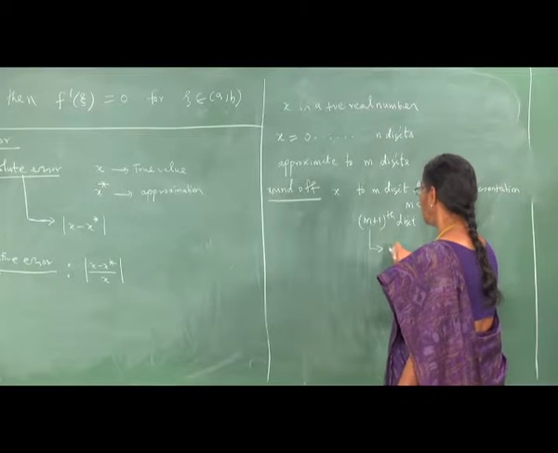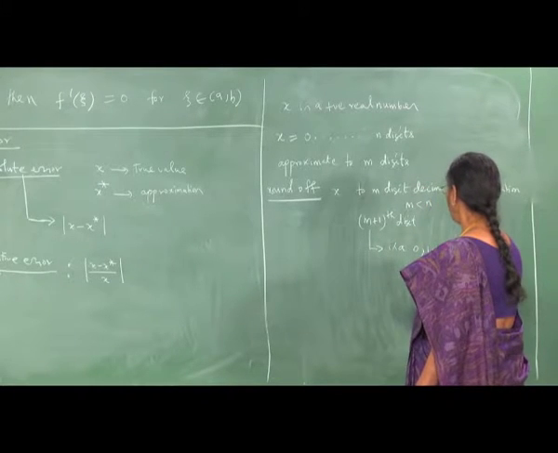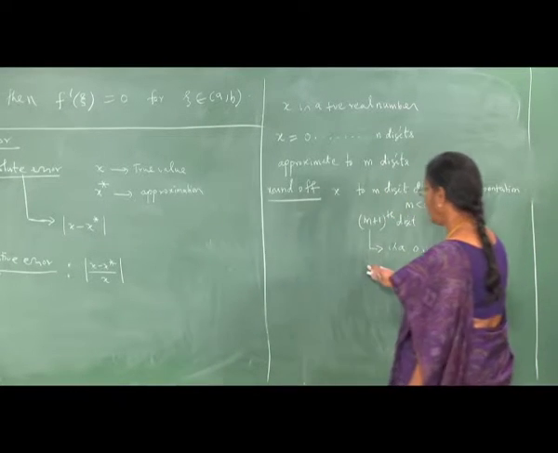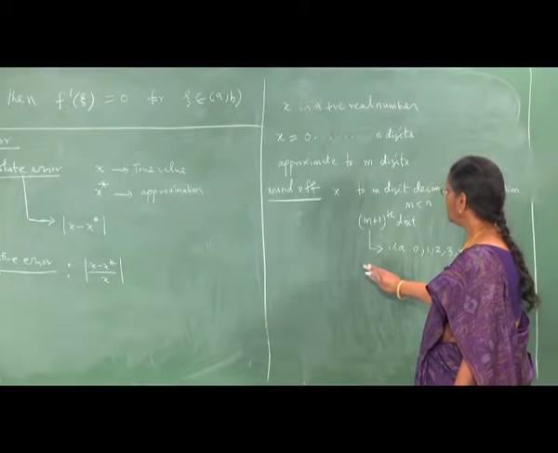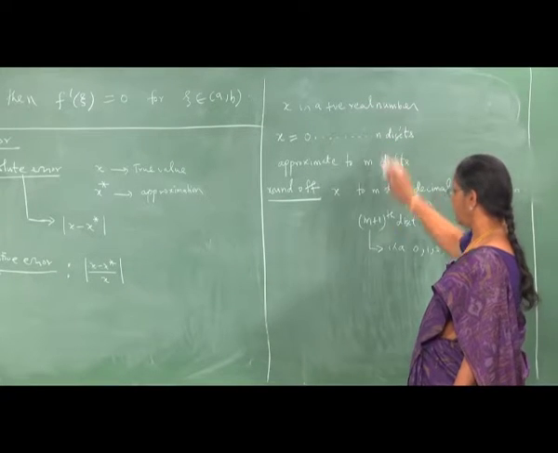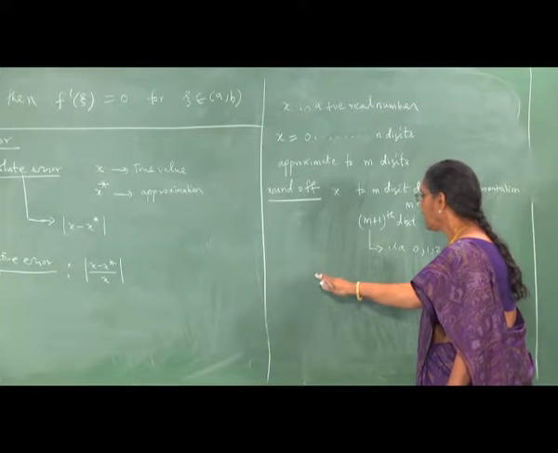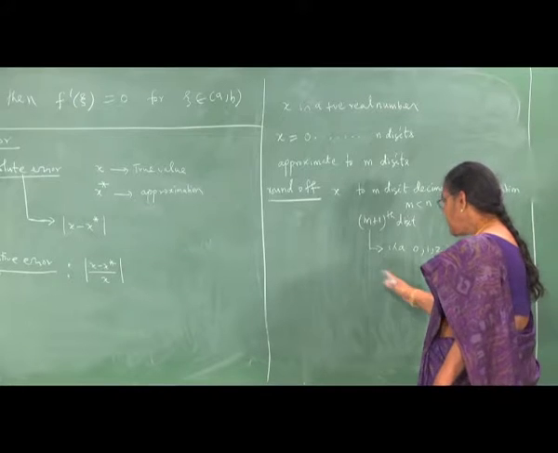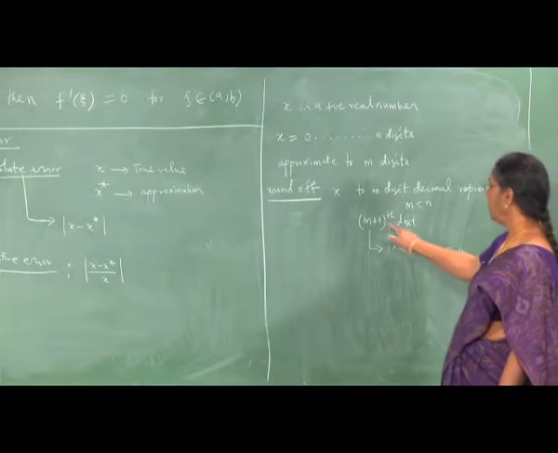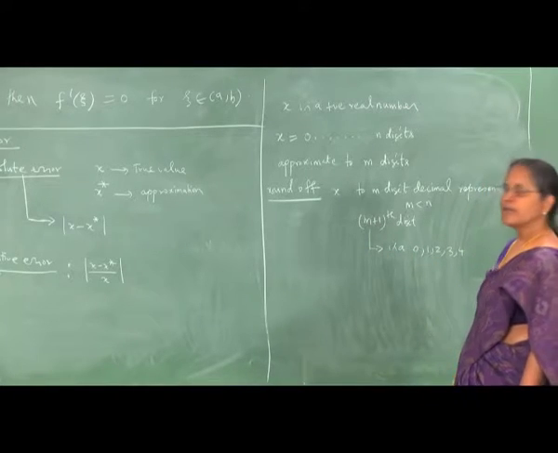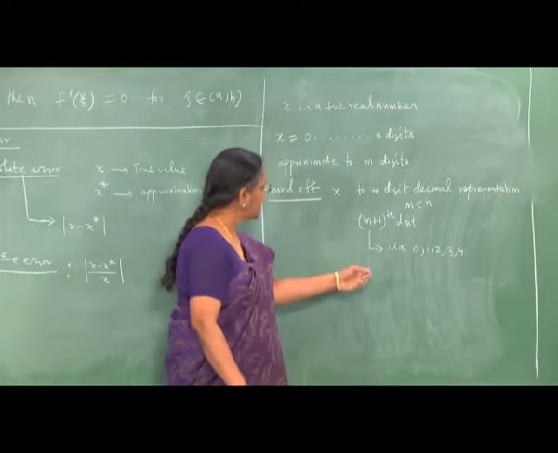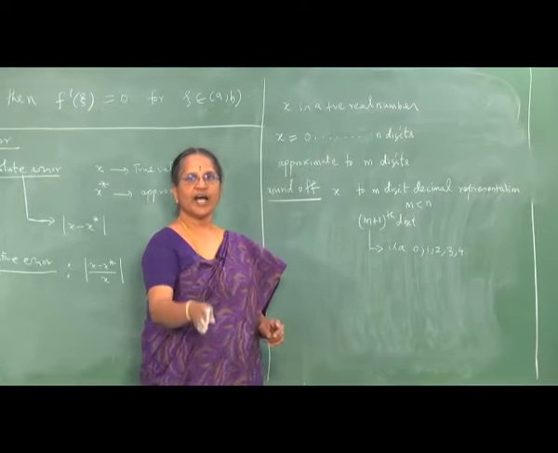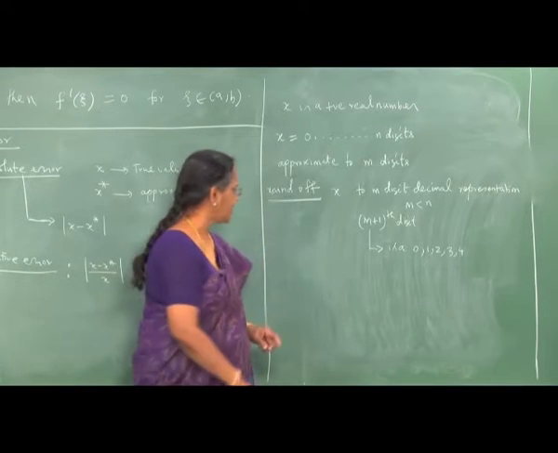If the m plus 1th digit is a 0, 1, 2, 3 or 4, then I round off the number such that the first m digits are the same as that of x, and I discard all the digits beyond the mth digit.